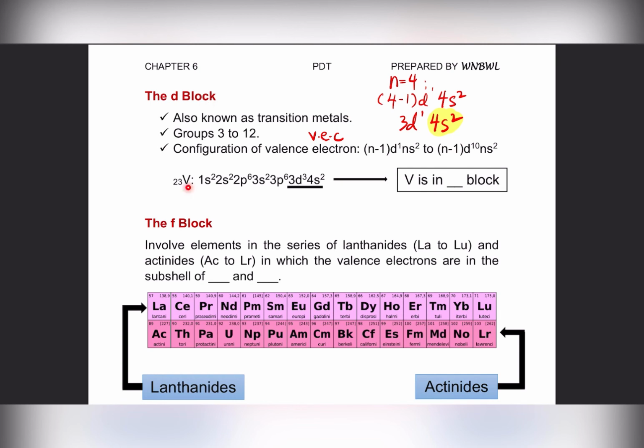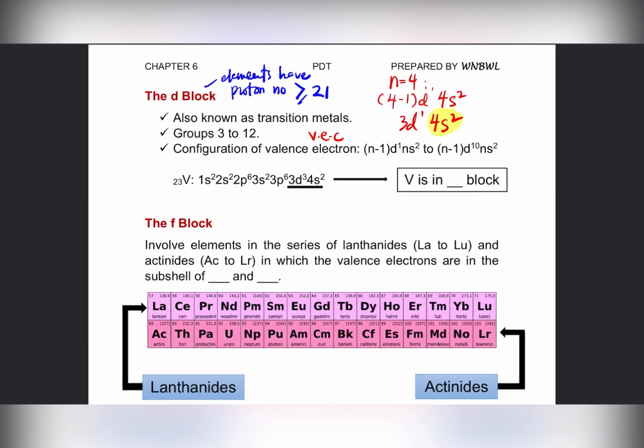So saya ada vanadium. Vanadium here you got 23 proton number. So how you want to determine D block element? Sekiranya elemen itu mempunyai proton number 21 and above, so maknanya ini dikira sebagai D block elements.